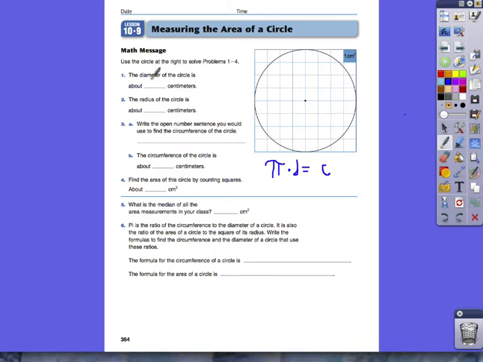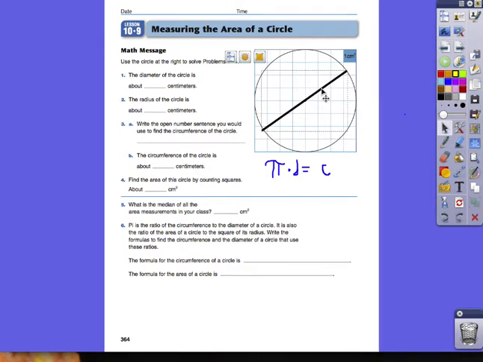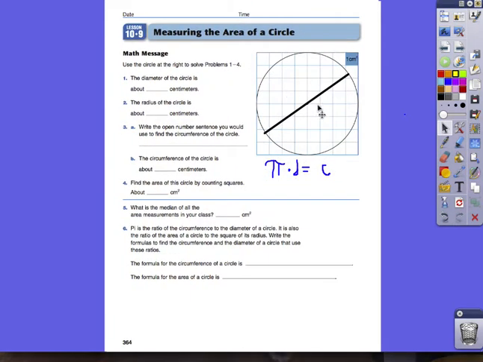Remember that the diameter is the distance from one side of the circle through the middle to the other side. It doesn't quite matter how we get there as long as we do go through the middle. So this could be our diameter.